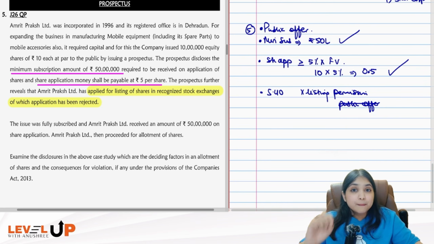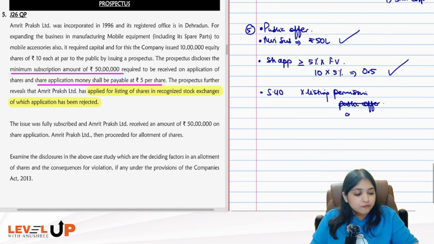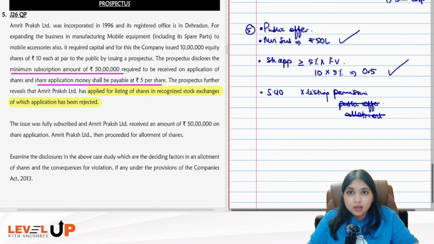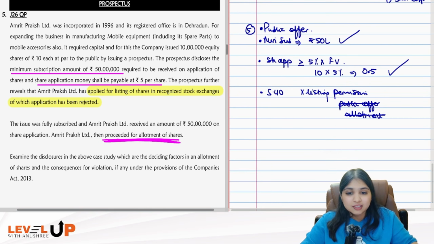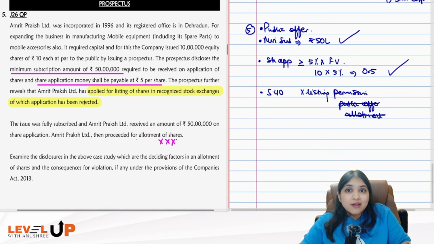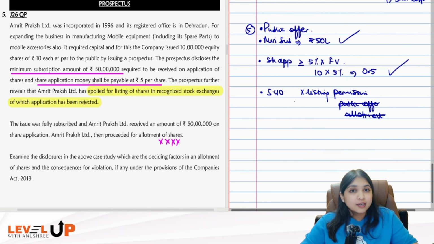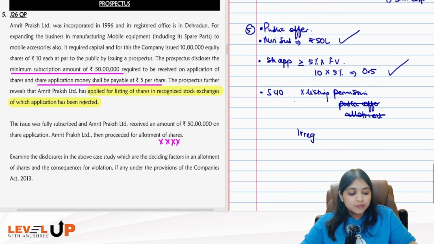So technically, the company should not make the public offer. So if the company doesn't make the public offer, there's no requirement of allotment and all. But however, the company has gone ahead and the company has allotted the shares, this allotment will be invalid allotment. If section 40 is violated, we call it as irregular allotment. Getting the point, guys?